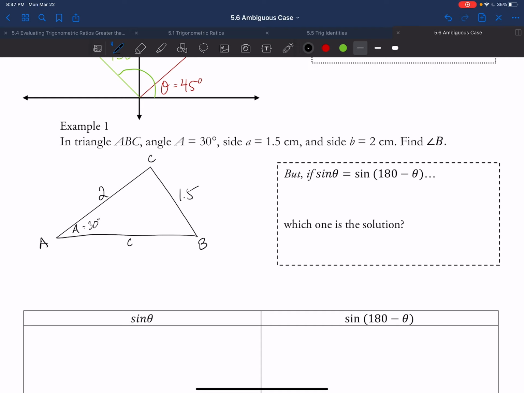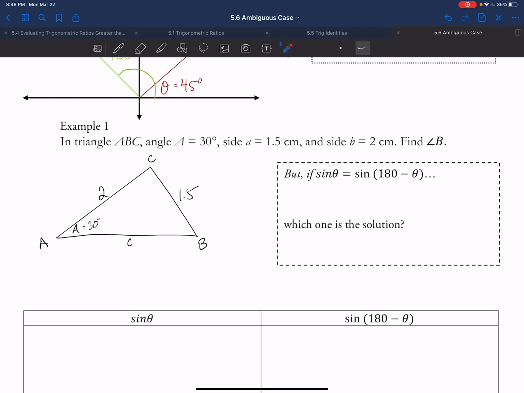So the thing is, I don't actually know if this triangle is possible. I've been given two sides and an angle. I don't know how long this side is, and given these dimensions, I don't really know if this will connect with the third side.